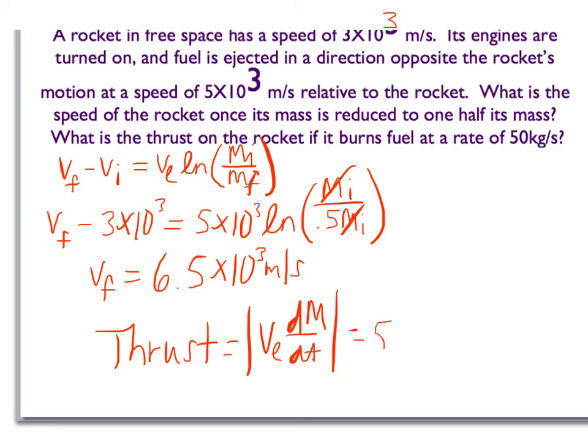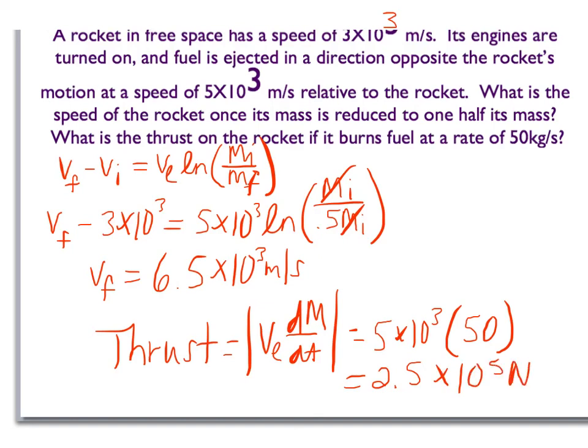Ultimately, what we can plug in here then is that exhaust velocity of 5 times 10 to the third multiplied by that dm/dt, or the rate at which the fuel is burning, which we said was 50 kilograms per second. Multiplying these two things together, we find that that thrust force would have to be equal to about 2.5 times 10 to the fifth newtons of force.